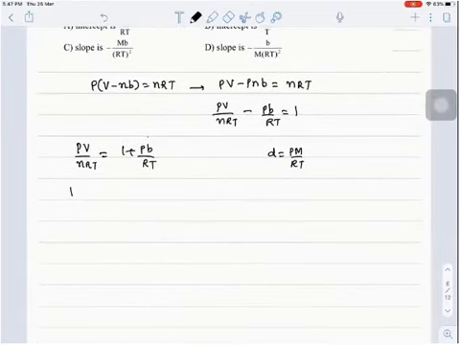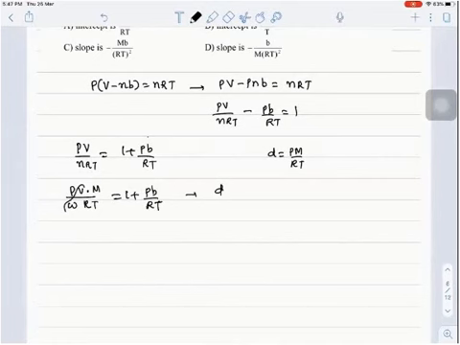Here we can write this as PV, where the number of moles is weight by molar weight, into RT, equals 1 + PB/RT. Now V/W becomes 1/d. So (1/d)(PM/RT) = 1 + PB/RT.